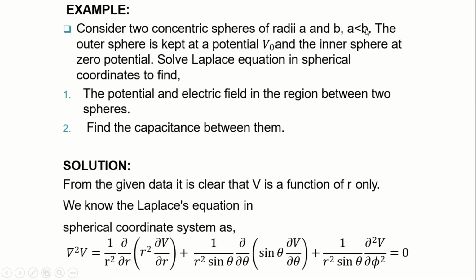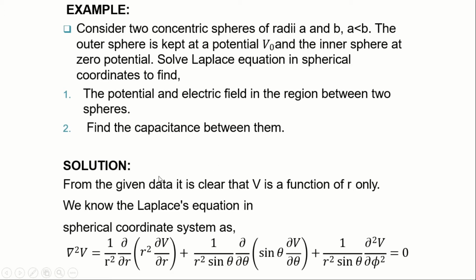Therefore, A less than B. The outer sphere is kept at a potential V0 and the inner sphere at zero potential. Now, we have to solve the Laplace equation in spherical coordinates, and by solving it, we have to find the potential and electric field in the region between the two spheres, and also find the capacitance between them.